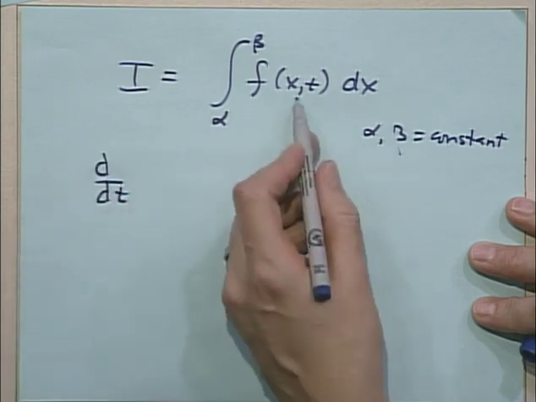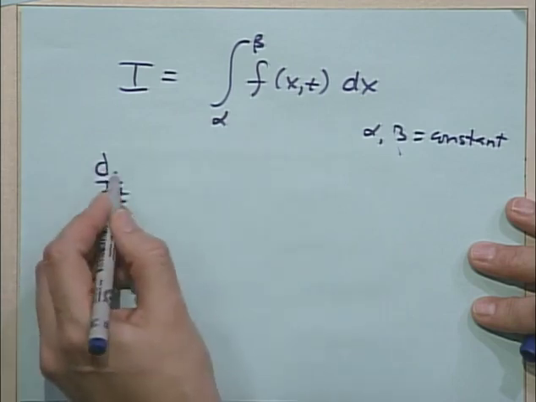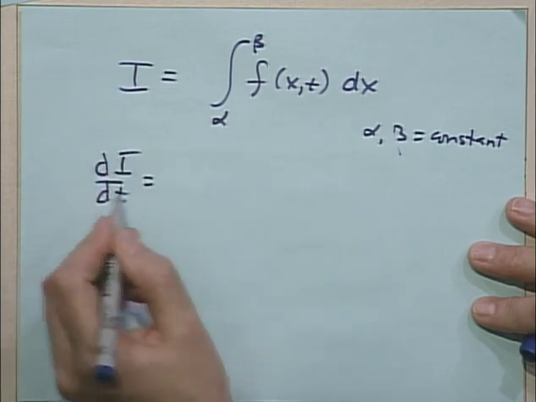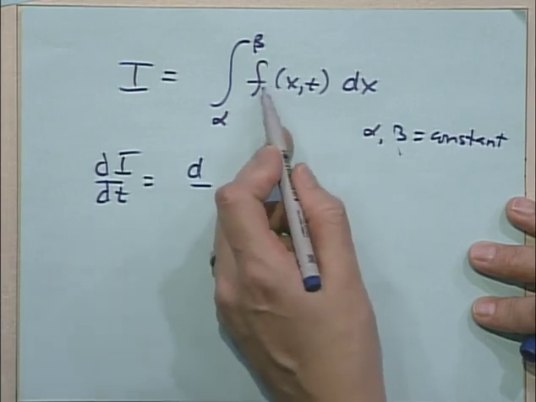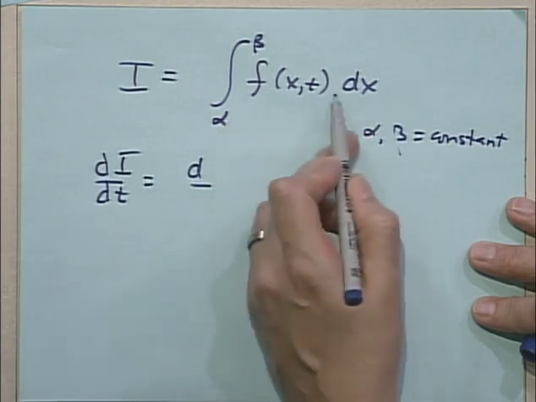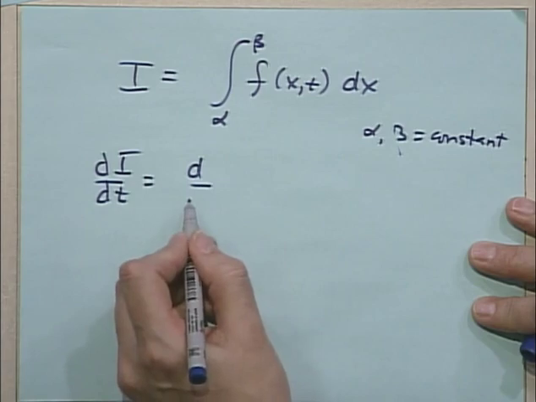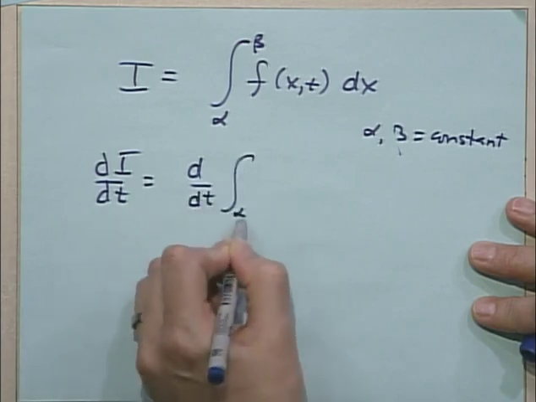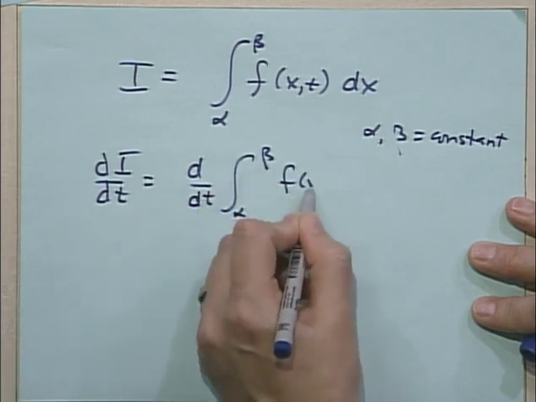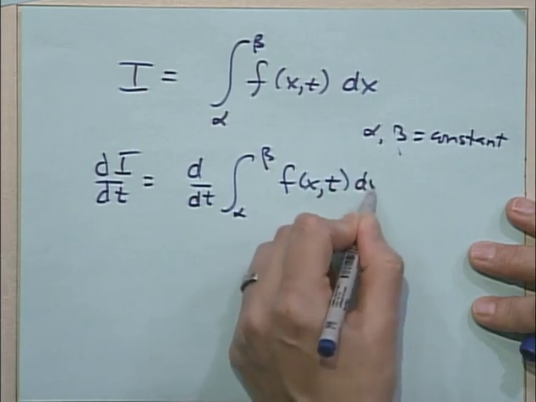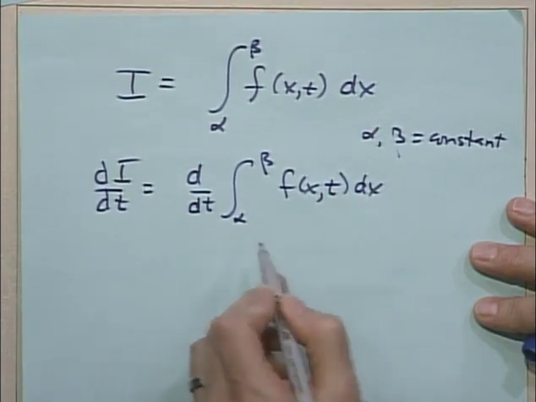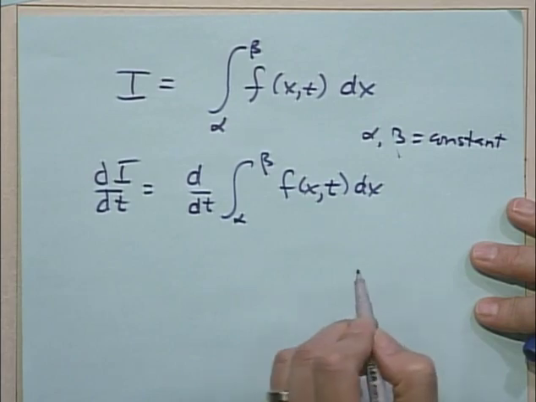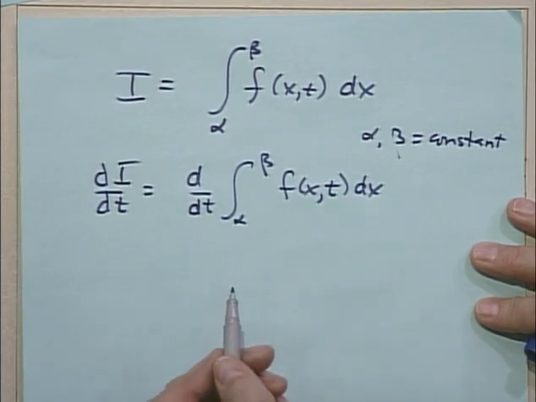So, for instance, if x is space and t is time, what if I want to know the rate of change of this quantity that I've integrated? So, for instance, the mass integrated over some amount of space, what would be the rate of change of the mass? So, all I've done is write the rate of change next to the integral. Now the question is, how would I evaluate such a thing?